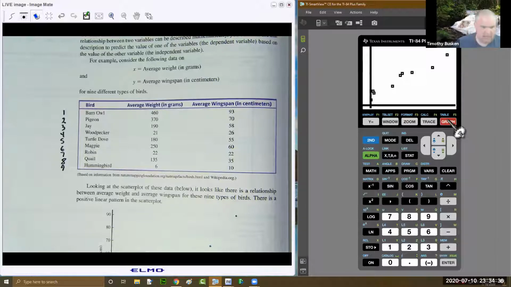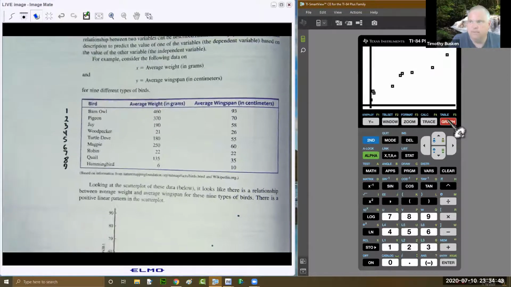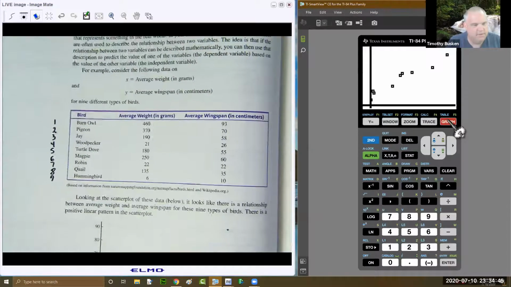If you take a look at the formula, let me pull that up. The formula for R, Pearson's correlation coefficient, it looks like this.